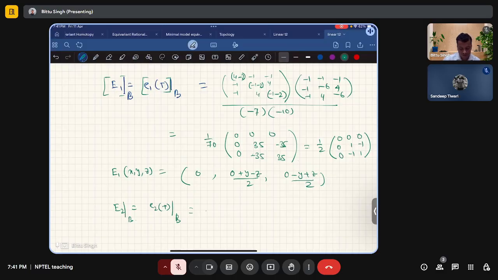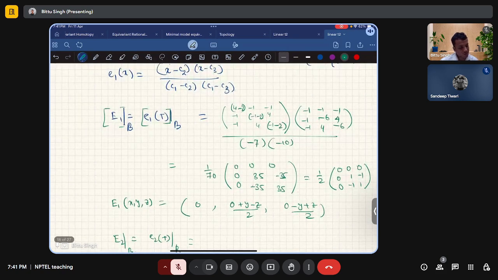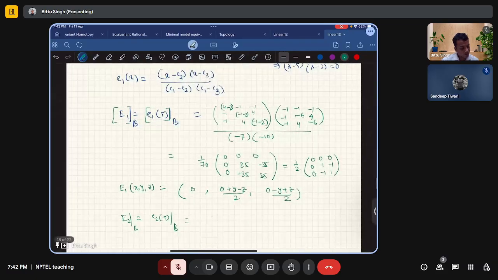So the matrix representation will be by the same formula, x minus C1 and x minus C3, so this is considered as A, right?